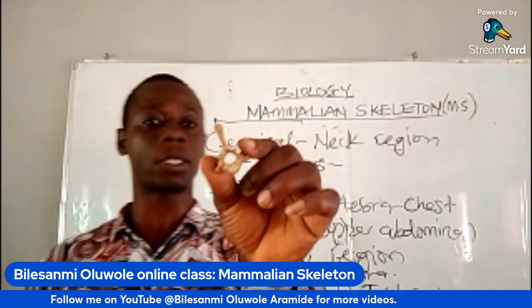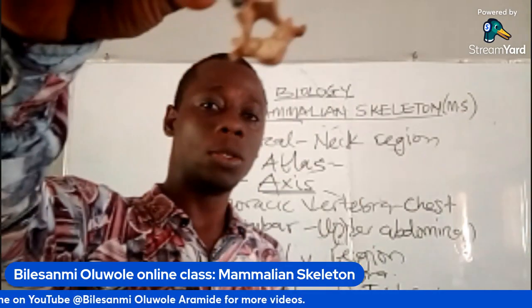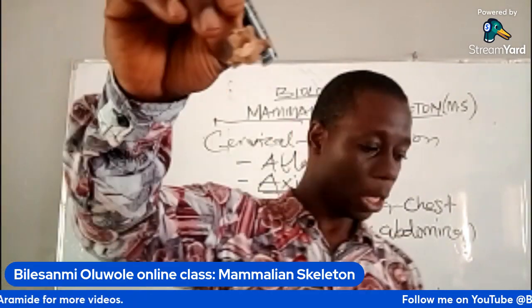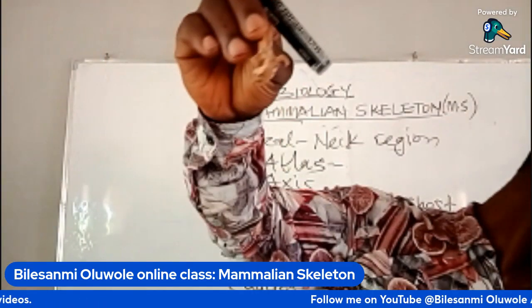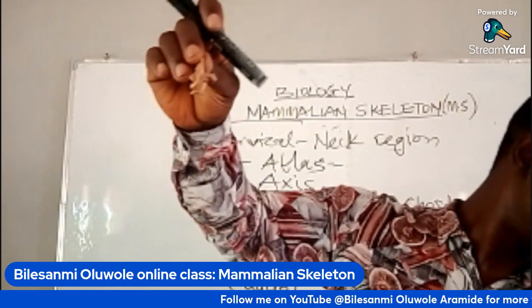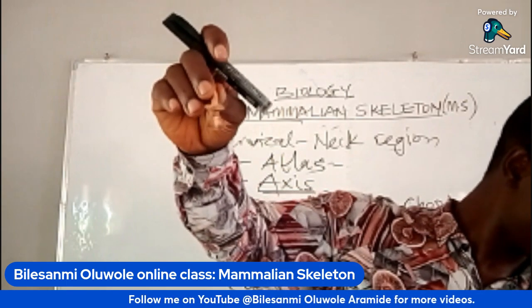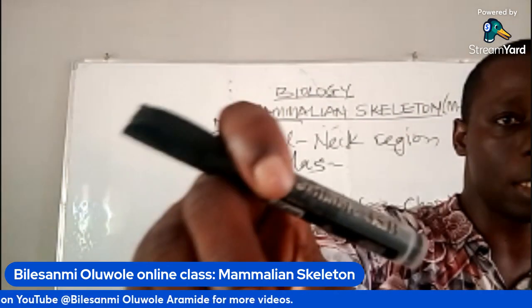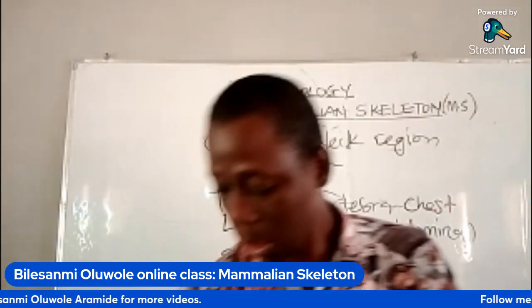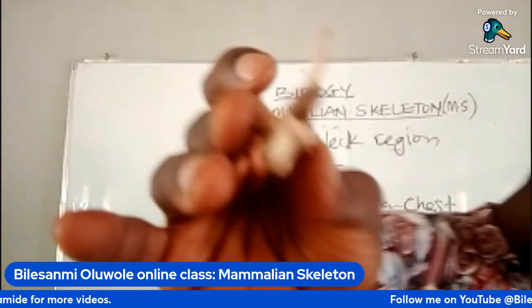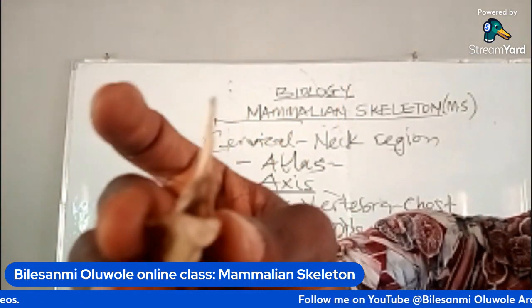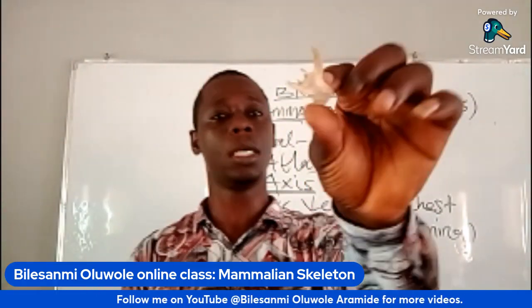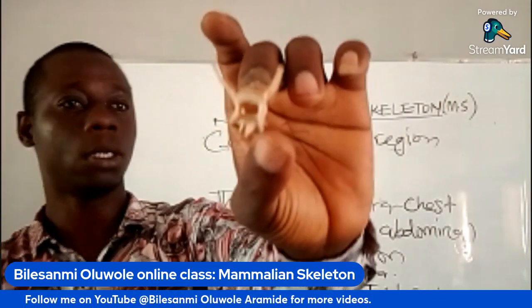This is a thoracic vertebra. You can see that it is different from lumbar. This is another thoracic vertebra. Now this is a lumbar.